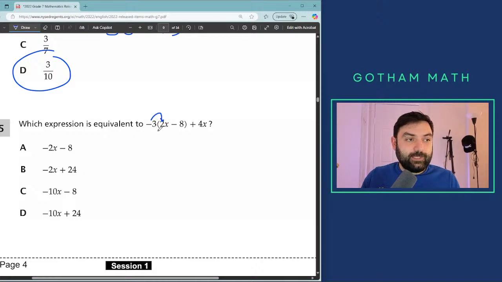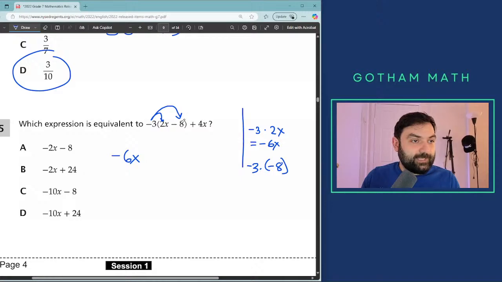It's going to be -3 times 2x. Usually, we don't write that because we do it in our mind, but that's what we see in our mind. It's -3 times 2x, which is -6x. That's how we write it. Now, the second thing is -3 times -8. Don't forget to include that negative with the 8.